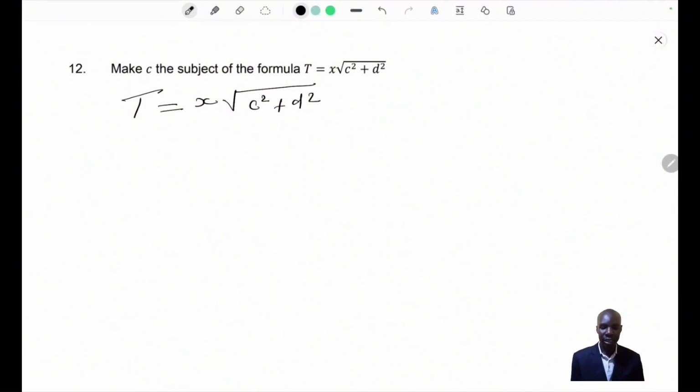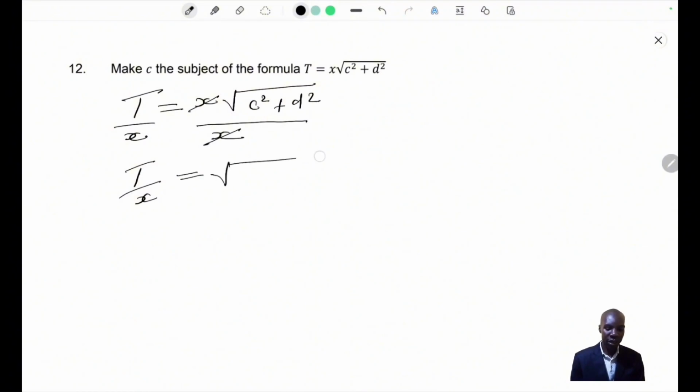If we want to make c the subject of the formula here, the first thing that we can do is to divide both sides by x, then this one will cancel out like that. So we are left with t over x equals root of c squared plus d squared.